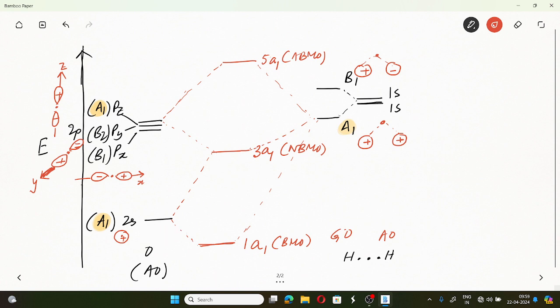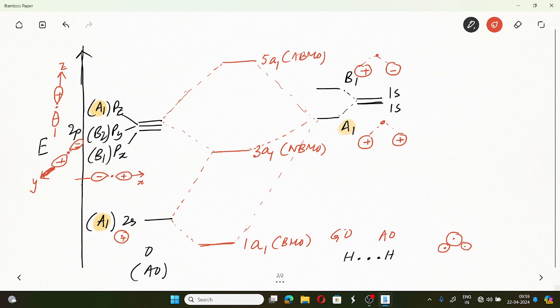So we can consider the shape somewhat like this. This is 2s, and a1, so it's like this. Both are in similar phase, positive phase, for example. Okay, so this is the shape of this molecular orbital.